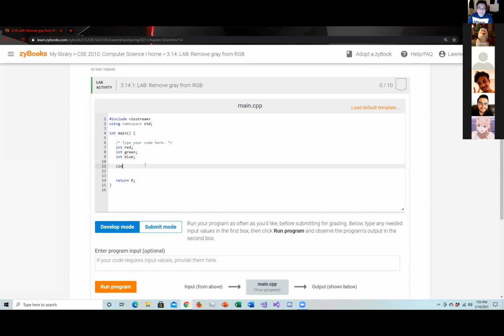So we'll say cin red, green, so 3 integers will be taken. The first one will become red, the second one will become green, the third one will become blue. Okay, so up until here, it's very simple.